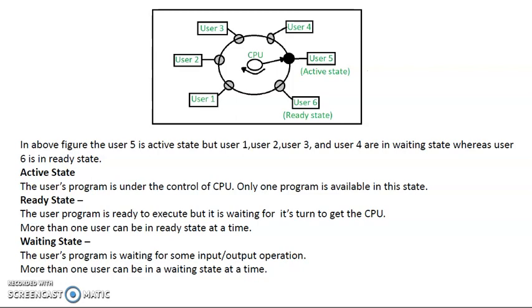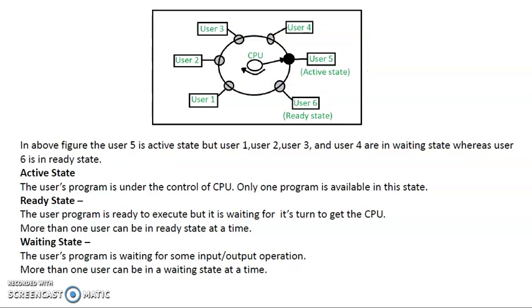After user 5 is completed, user 6 has the control of the CPU. More than one user can be in a ready state at a time. After that you have a waiting state, which means the user's program is waiting for some input and output operations. More than one user can be in a waiting state at a time. This is all about the time sharing concept.